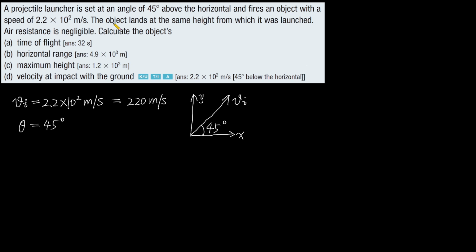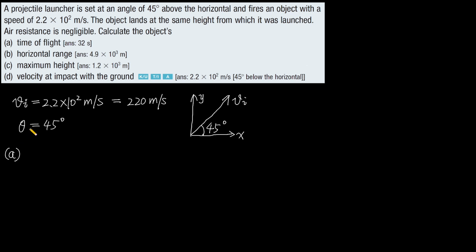And it says here, the object lands at the same height from which it was launched. So the height of its starting point is the same as the height of its ending point. So A. The time of flight.